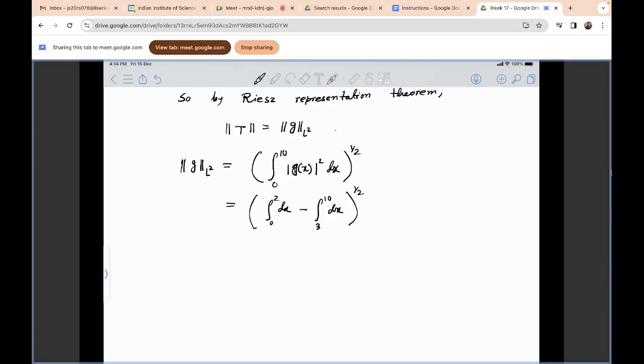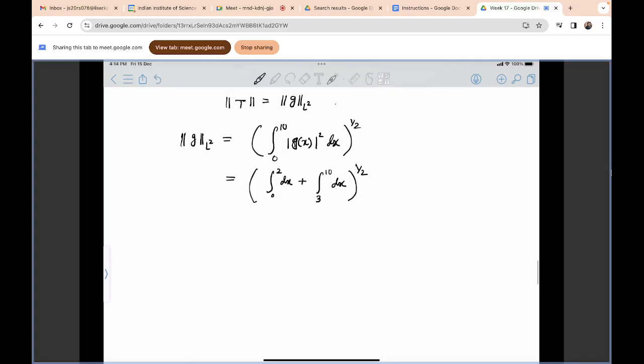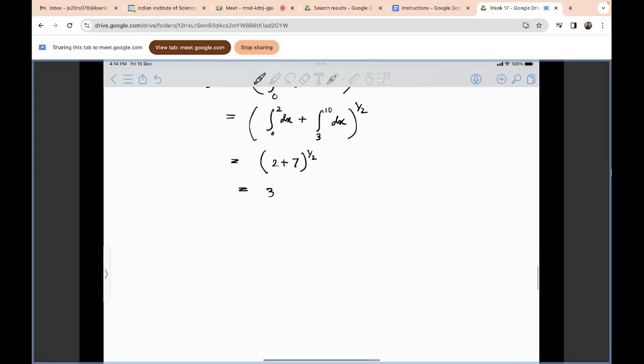No, sorry, it will be plus, right? It's mod squared. So from 0 to 2 it's 1 squared dx, plus 0, and from 3 to 10 it is minus 1 mod squared, so it is again plus 1 dx, because the L2 norm uses mod squared. So if you integrate, it will be 2 plus 7, so the value we get is 9, and the norm of T is the L2 norm of g, which is 3.